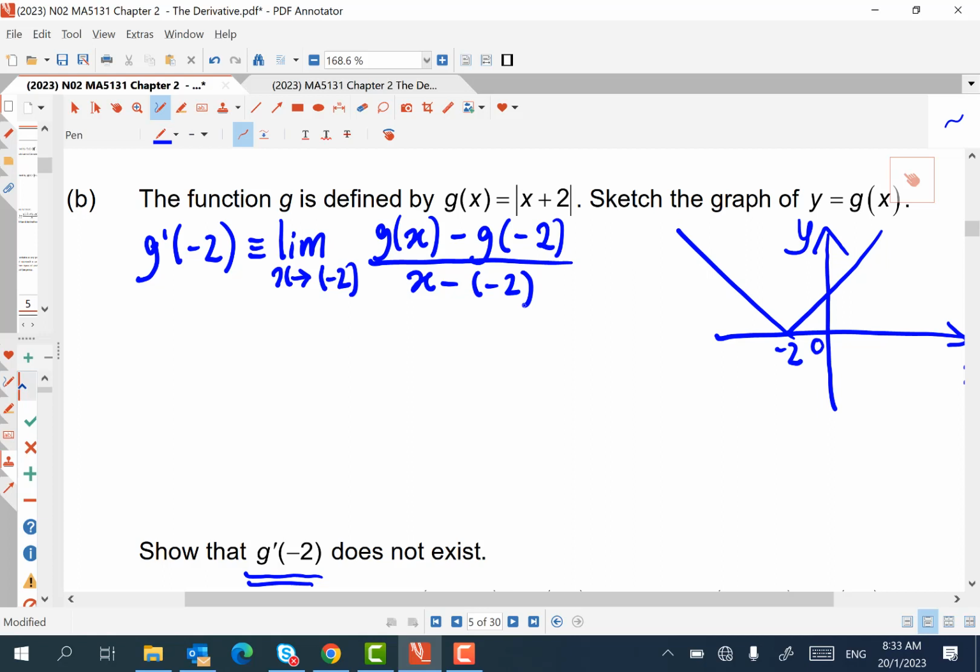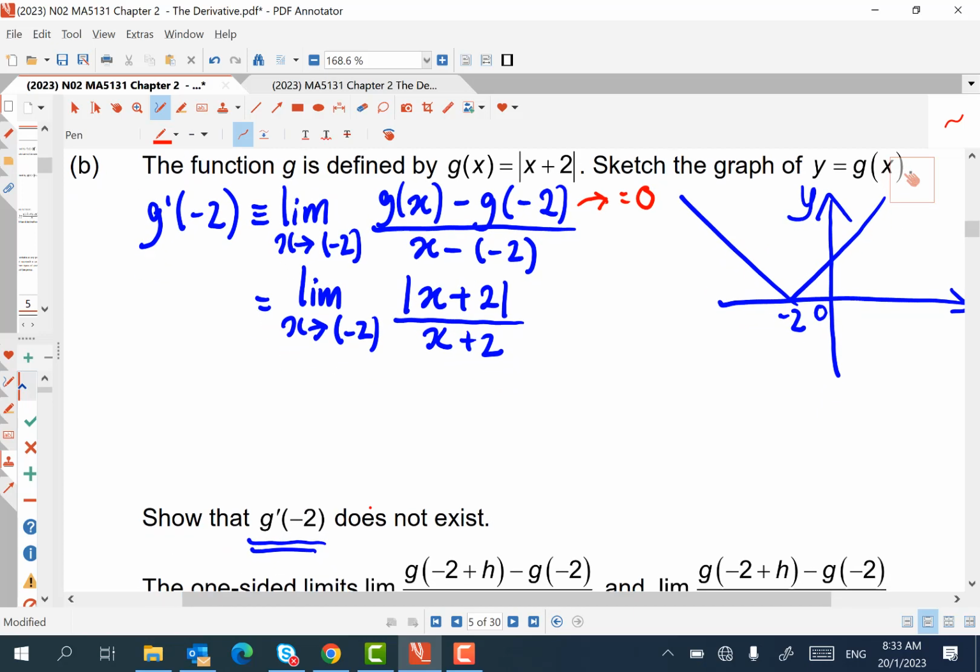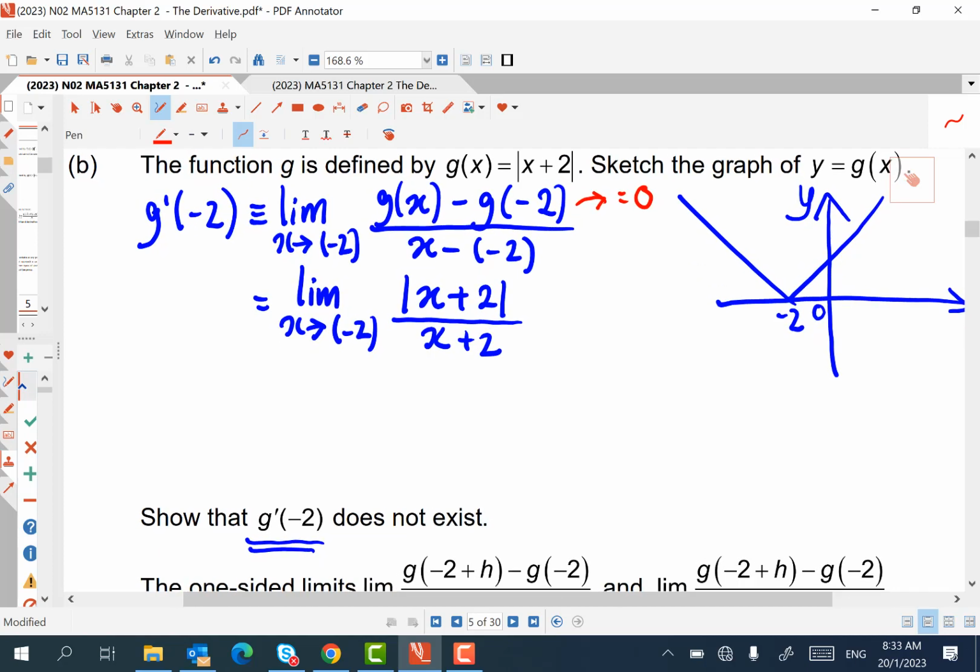And given that g(x) is defined differently over the left and right side of -2, to calculate this limit, we have to do it in two parts. By the way, you want to note that g(-2) is actually 0. That's why in the next line, the g(-2) disappears.